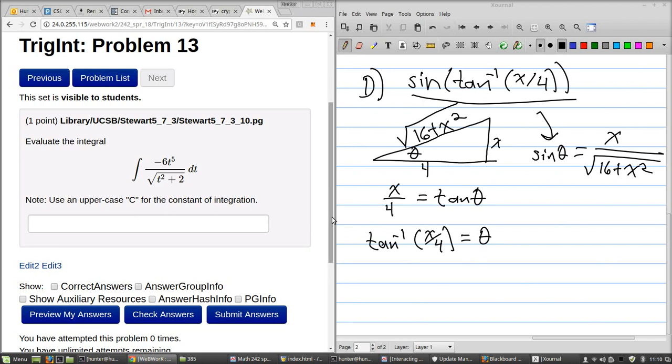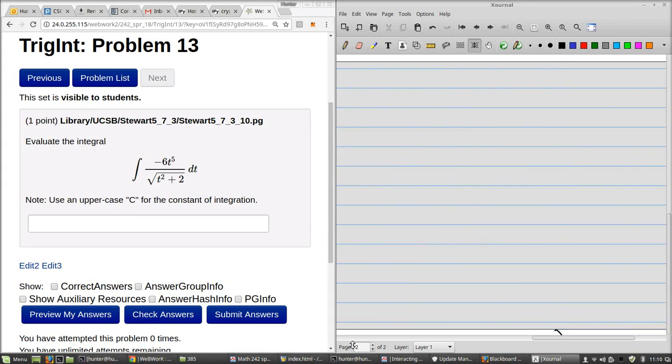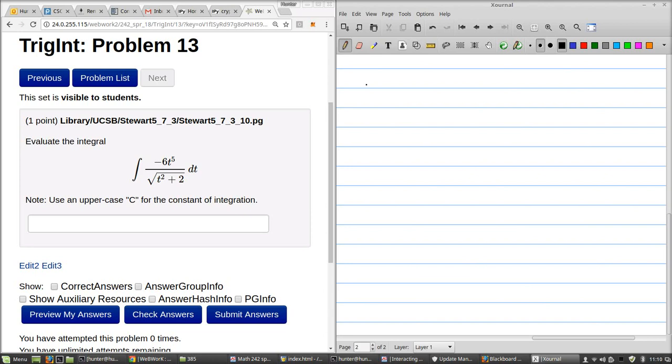Yuck. Should we do it? Let me just shove this stuff out of the way. And I've got minus 6 times t to the 5th power over the square root of t squared plus 2 dt. So I do t, I think we did this one in class in at least one section.